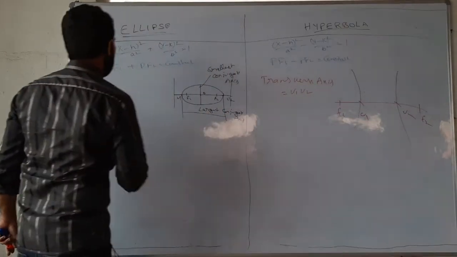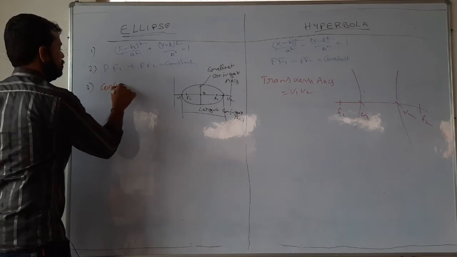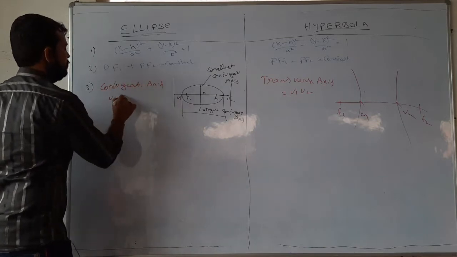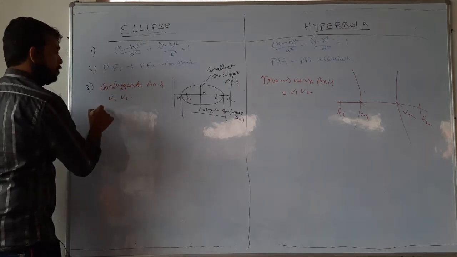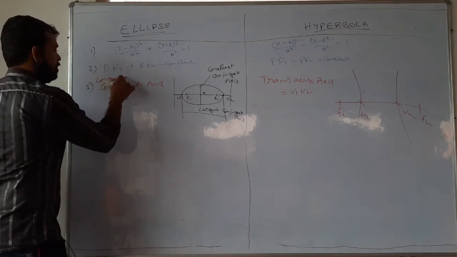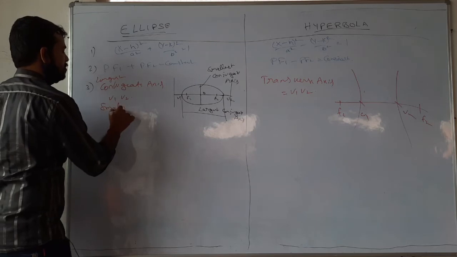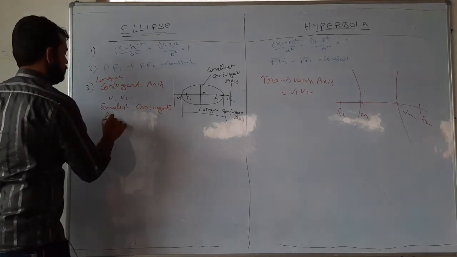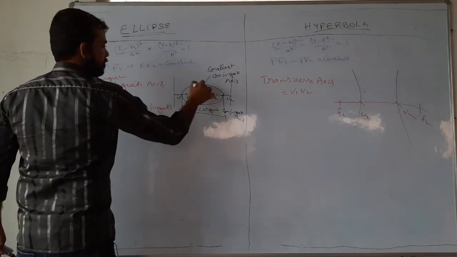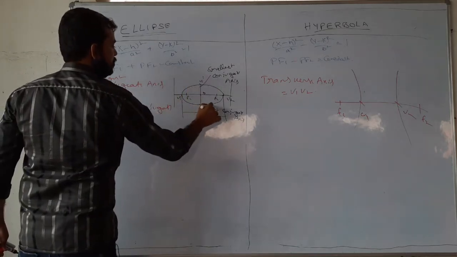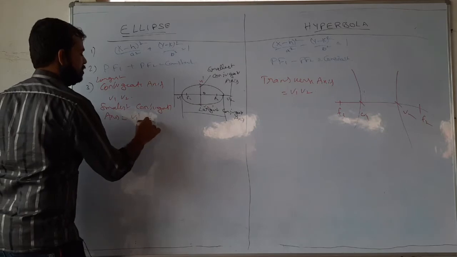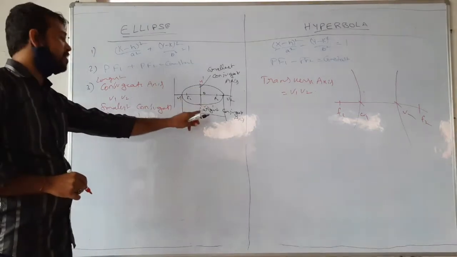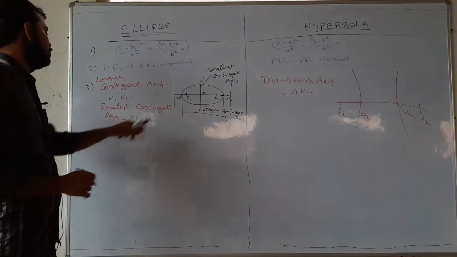Here this is the conjugate axis, and the smallest conjugate axis is this one, called V1 dash V2 dash. These are the co-vertices, and the distance between the co-vertices is known as the smallest conjugate axis.